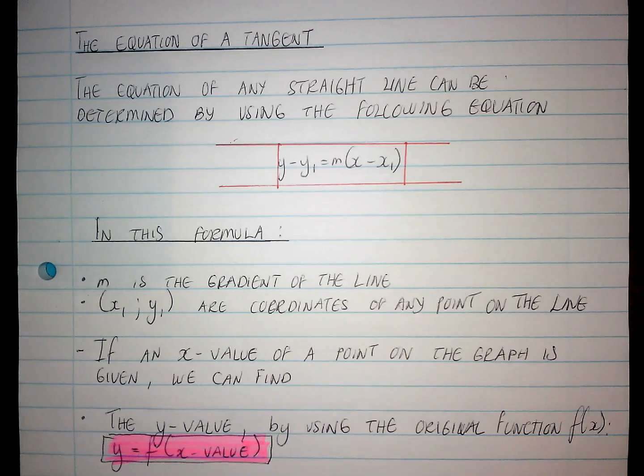Right, so now what happens if we have to determine the equation of a tangent, right? So remember, your tangent is going to be a straight line, and previously we said it's determined by y equals mx plus c. So now the equation of any straight line can be determined by using the following equation, right?